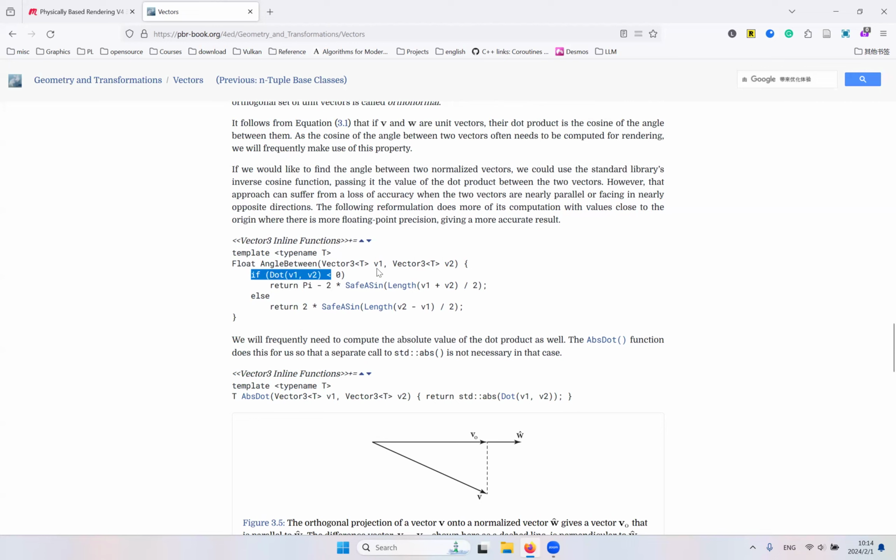And it also uses this SafeASin function to avoid some floating point precision issues.